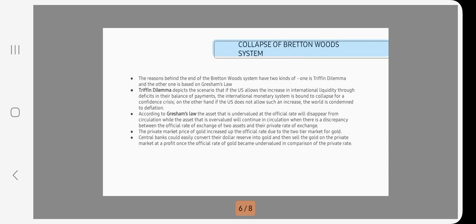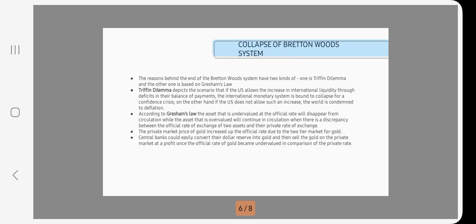Now if we come to Gresham's law, according to Gresham's law, the asset that is undervalued at the official rate will disappear from circulation, while the asset that is overvalued will continue in circulation when there is a discrepancy between the official rate of exchange of two assets and their private rate of exchange.